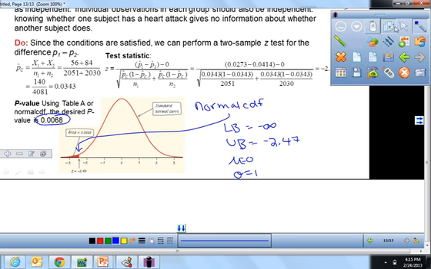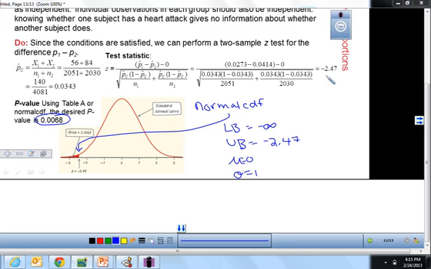But I knew that was probably going to happen because of my Z-score being negative 2.47. We know anything outside of about 2 standard deviations is pretty unusual. So the p-value of 0.0068 is less than my alpha of 0.01.